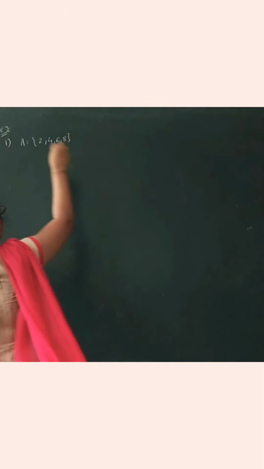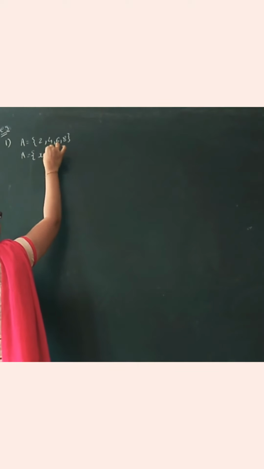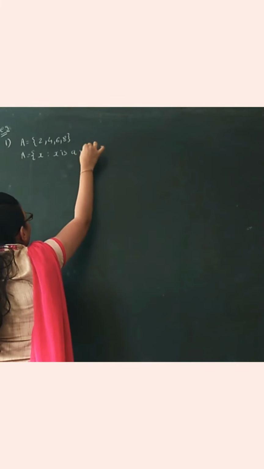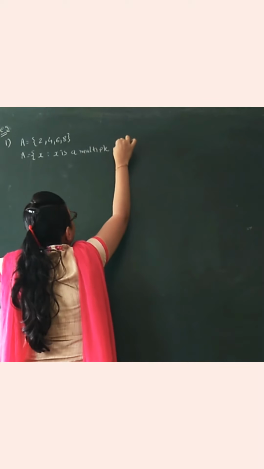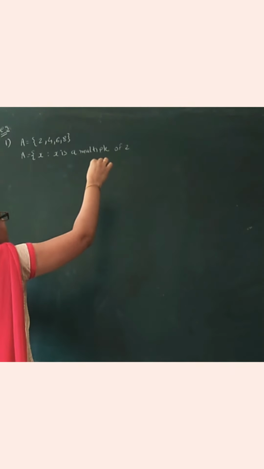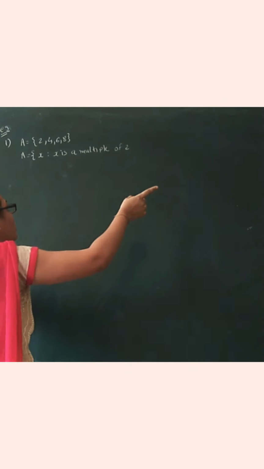ठीक है, so I am going to write here x, where x is a multiple of 2. So I can write it x is equal to 2y also.